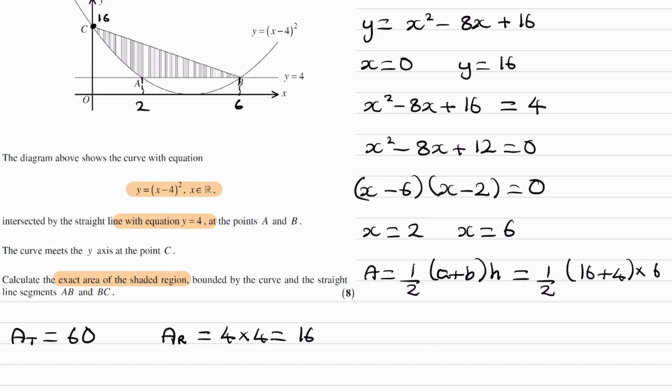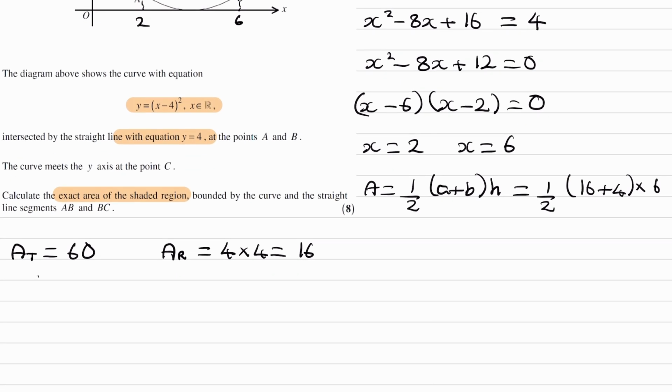And then finally, we work out what this area underneath the curve is. So underneath the curve, so between the curve and the x-axis. And to do that, we would integrate. So we integrate the equation of the curve, which was x squared minus 8x plus 16. Integrate that between 0 and 2. So that is x cubed over 3 minus 4x squared plus 16x.